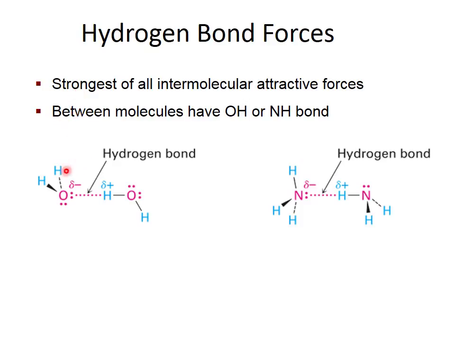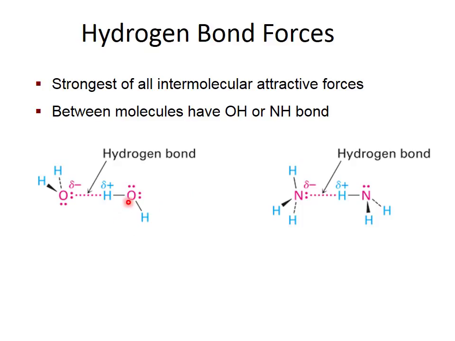If I look at this, hydrogen bonding is always going to occur between either an oxygen-hydrogen bond and another oxygen, or a nitrogen-hydrogen bond and another nitrogen. And you can have cross hydrogen bonds.